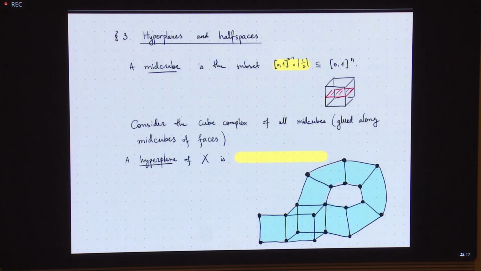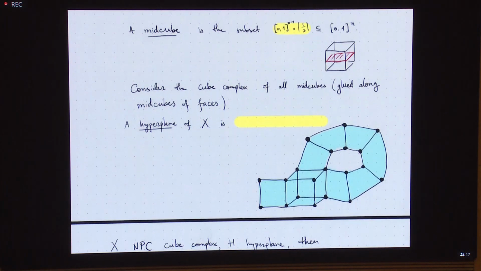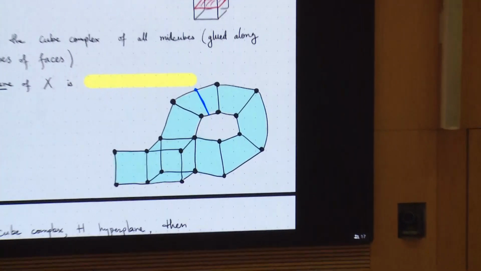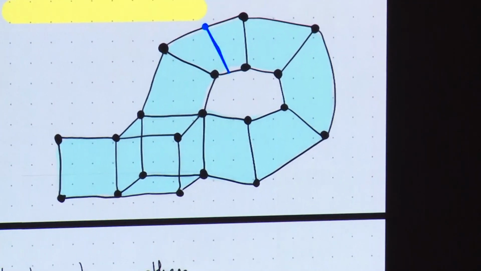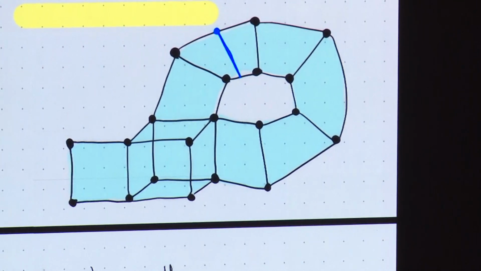So I've taken this cube complex. What do I want to do? I want to consider all possible mid-cubes and glue them together whenever they match. So for instance, this is a mid-cube, and note that also this vertex is a mid-cube.